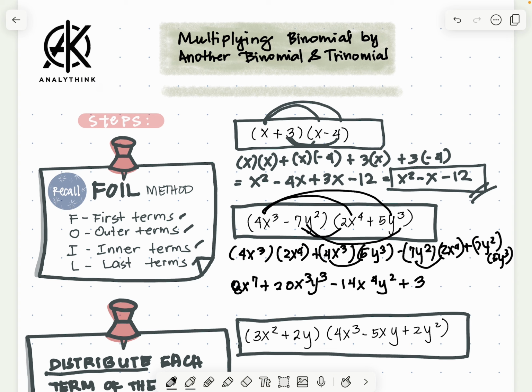Oh, this should be negative. So -7y squared times 5, so it should be -35y raised to 5. And then do we have similar terms? None, so this will be our final answer.